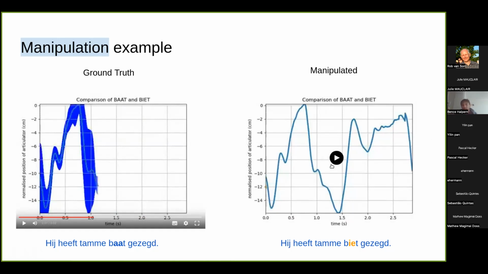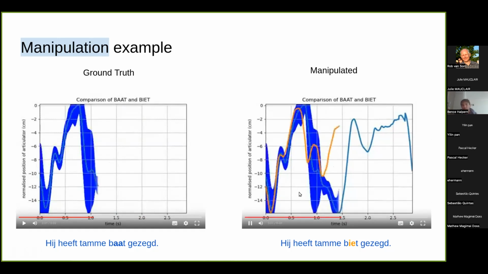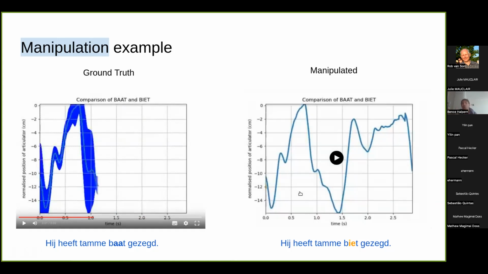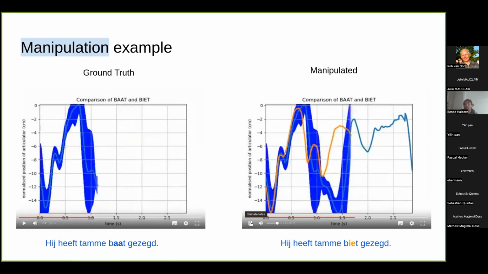In the second case, we have a very similar sentence to the sentence that we had during the training of our articulatory synthesis method, but we just change one phoneme in this testing scenario, and we manipulate these articulatory trajectories.